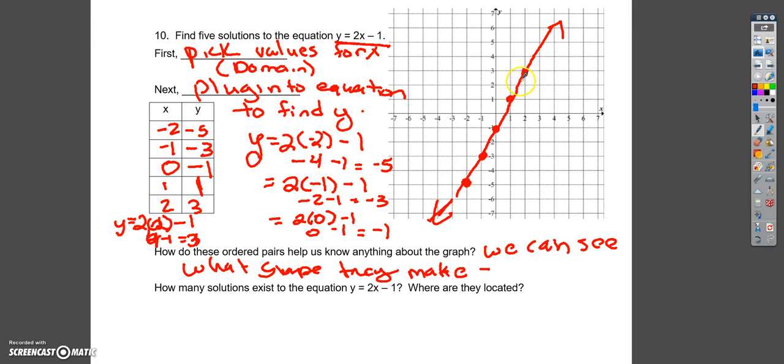If we could see exactly what this point was, and we plugged it into our equation, just like we did here, every point that's on this line would become a solution. How many solutions exist to this equation? If every point is a solution, then it would have an infinite number of solutions. Meaning it never stops. There's that many. And where are they located? On the line.